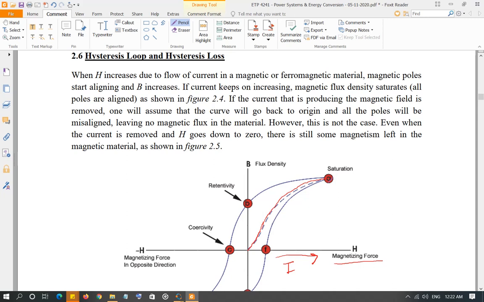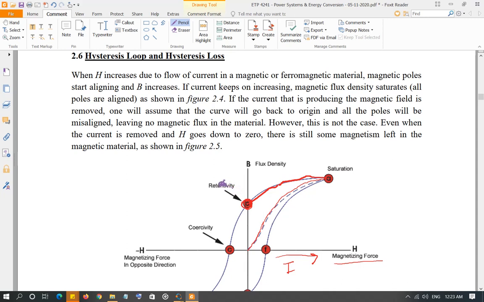There is some alignment still left in the dipoles, and due to that, the magnetic flux does not go down to zero, it goes down to a value over here, which we are calling point B.